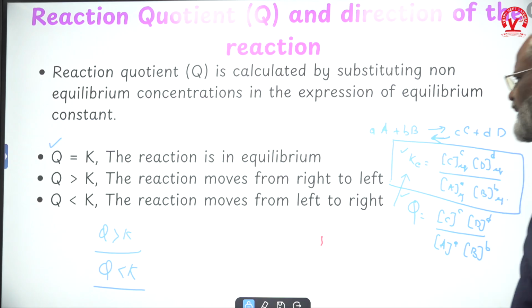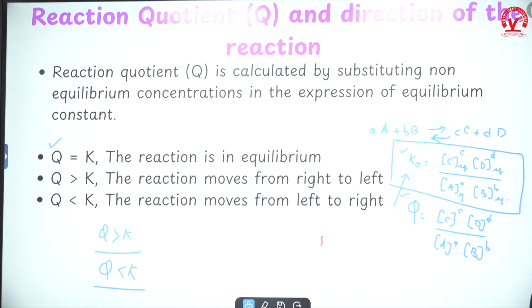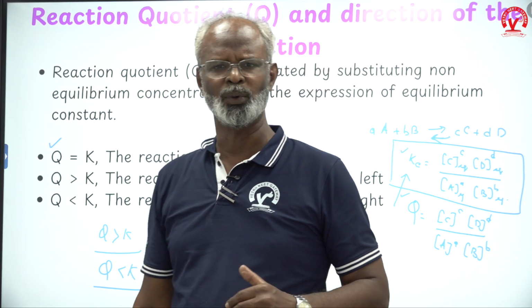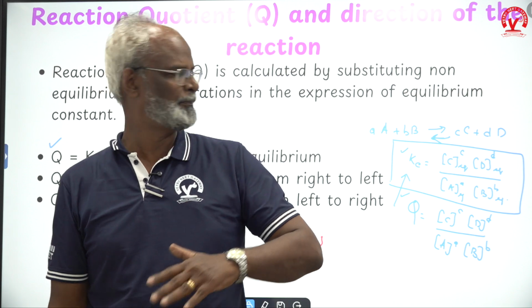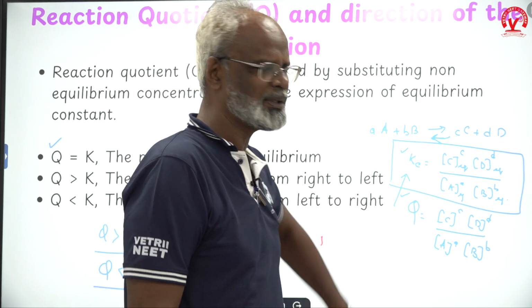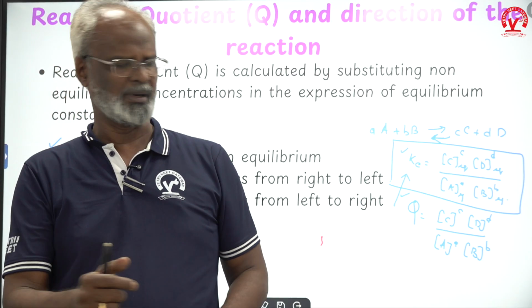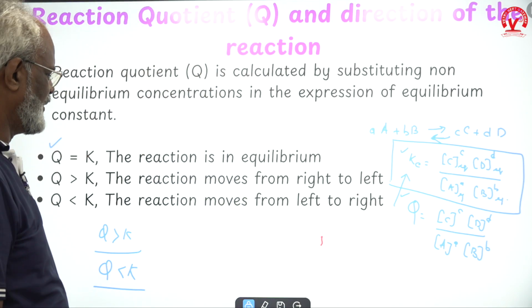Therefore, if Q is less than K, the reaction will move in the forward direction, that is from left to right. So by calculating the Q value at different stages, not necessarily at equilibrium, we can find out in what direction the reaction will proceed thereafter.